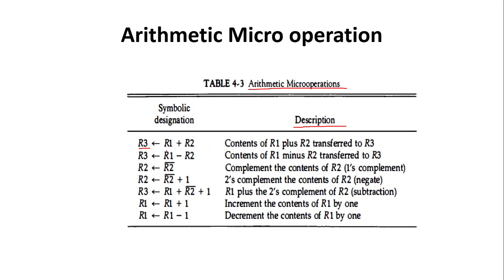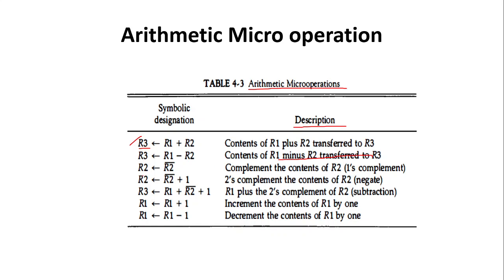Here in the first micro operation, the content of R1 and R2 is added, and the result is transferred to R3. The second micro operation is R3 equal to R1 minus R2. So the content of R1 minus R2 is transferred to R3.